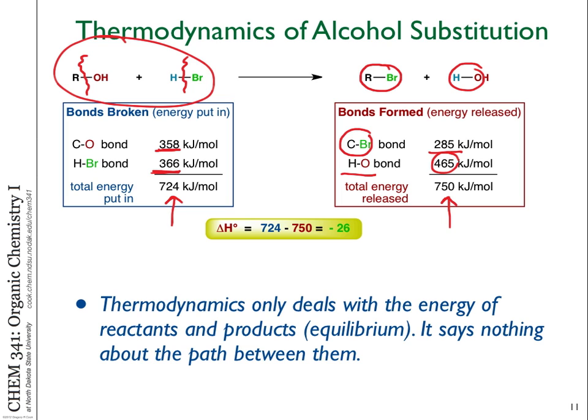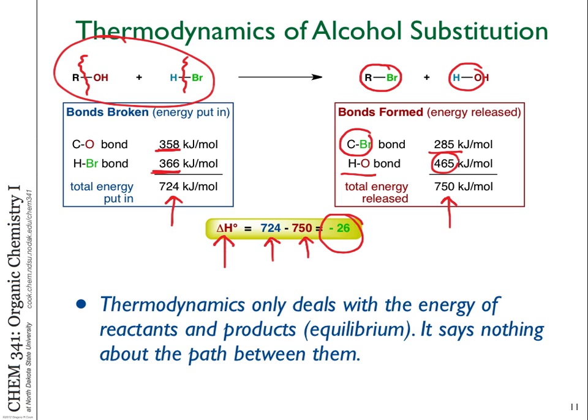So overall, if we just add up the bond dissociation energies, the change in enthalpy for this reaction, the energy you put in, 724, minus the energy you get out, 750, leaves 26 kilojoules left over that are coming out of the reaction.